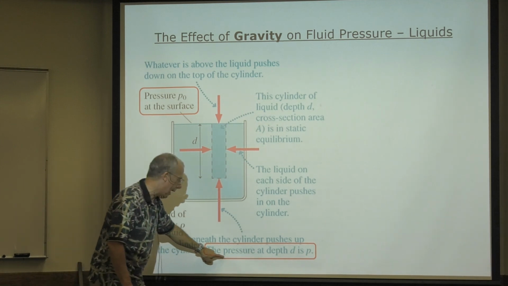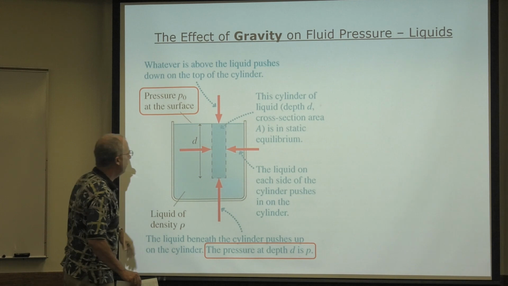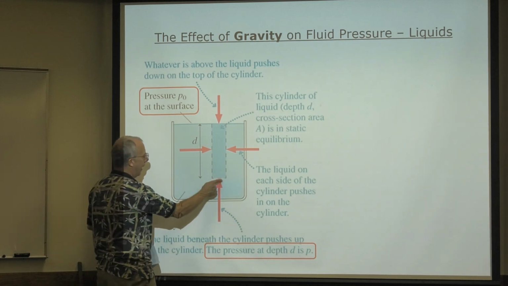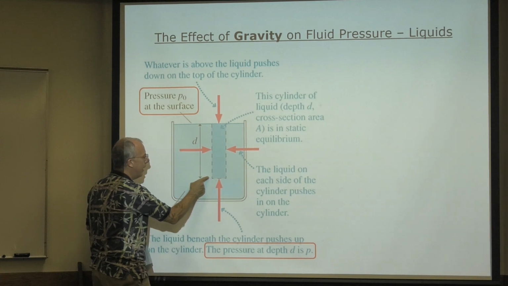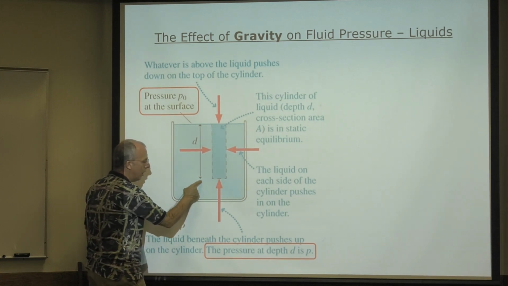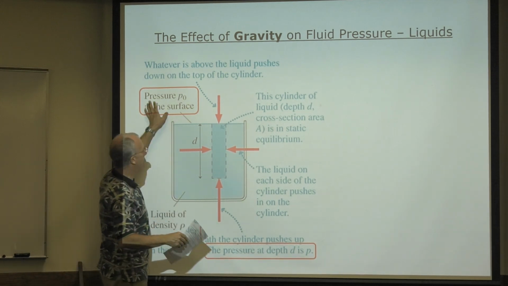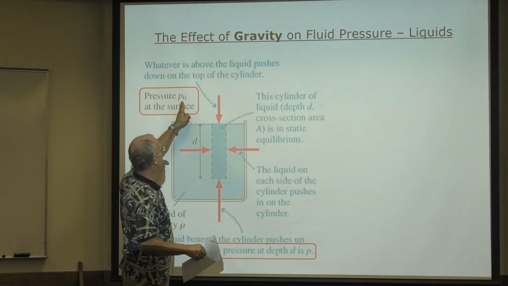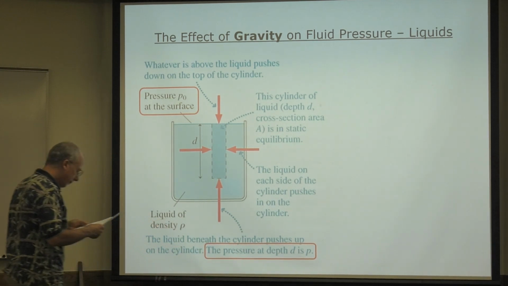So the pressure at the depth D is P, okay? So let's review that. We want the pressure here at depth D, and we're going to call it P, because that's the variable. The pressure up top, let's call it P0, because that's just atmospheric.